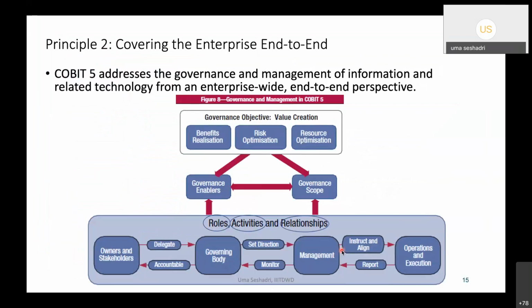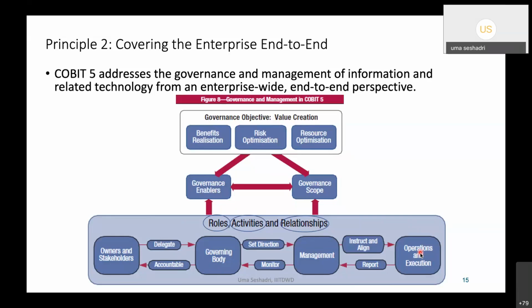So the second point is that we want to cover the enterprise end to end. It is not just for a function. So how do you cover it? You define various roles, various activities, and various types of communication between departments. So you have the top level CEO down to all the operations happening at the very bottom level. Each user or employee in the organization has certain tasks and responsibilities to perform, and they have to execute those tasks as an individual.